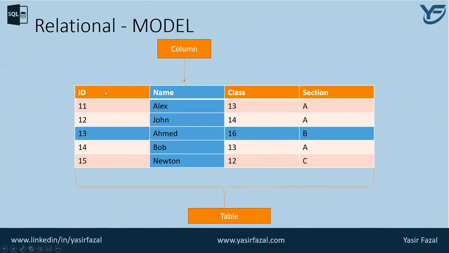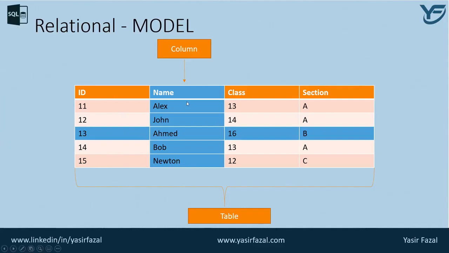For example, there is a column ID, and the ID has atomic values, unique values with a unique data type, for example, 11, 12, 13, 14, and 15, which are numerical data types. Any other data type is not allowed in the ID column.